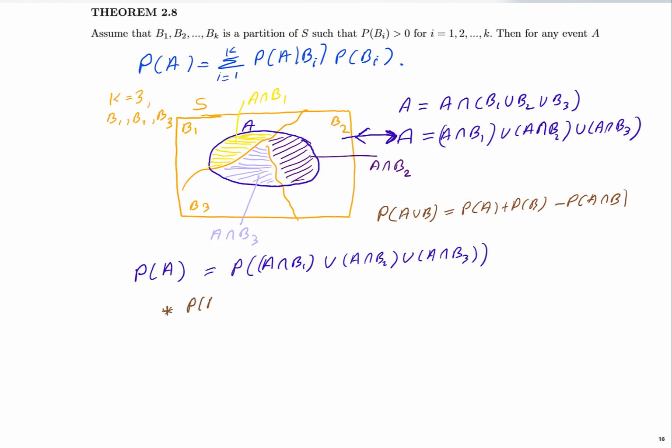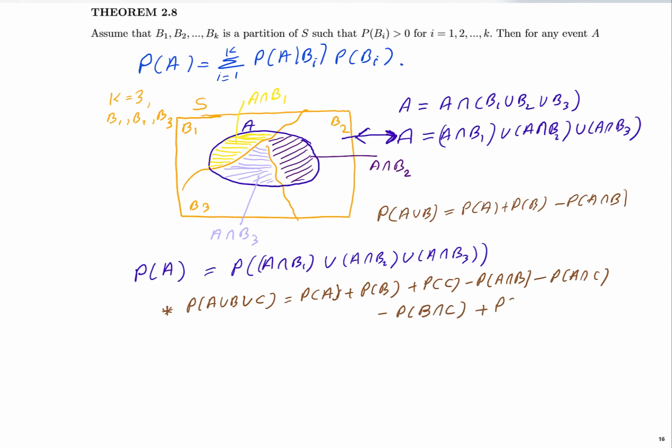It was P(A union B union C) equals P(A) plus P(B) plus P(C), then minus P(A intersection B) and P(A intersection C) minus P(B intersection C), and plus P(A intersection B intersection C).